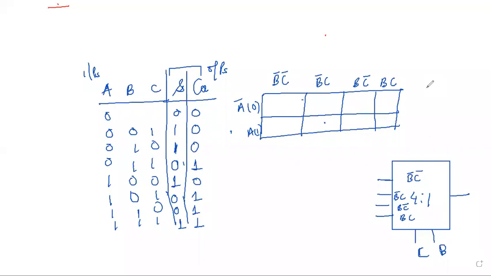So for the carry, we'll fill this table again with the outputs of carry from the truth table. So if we see for the first combination, that B bar C bar, this is the first row which is denoting your combination A bar, B bar, C bar.